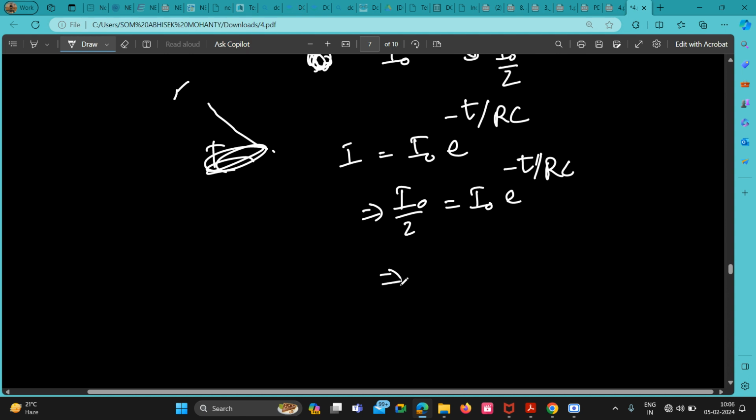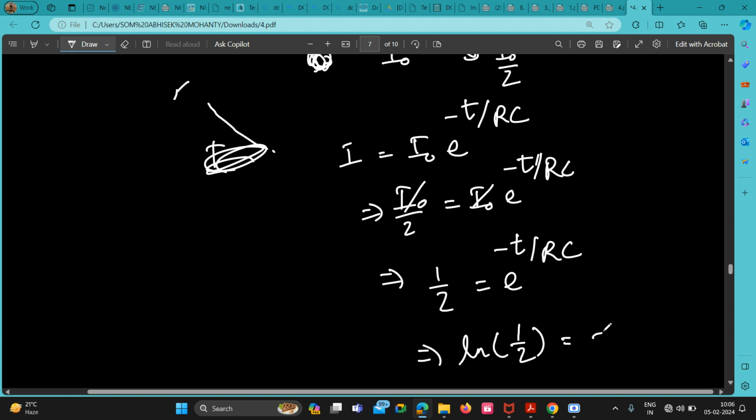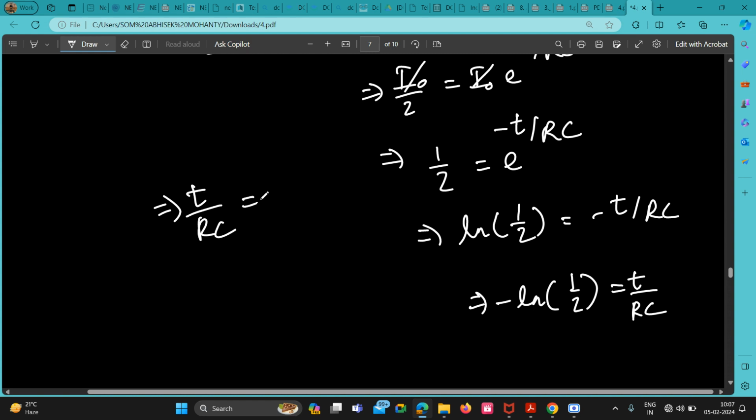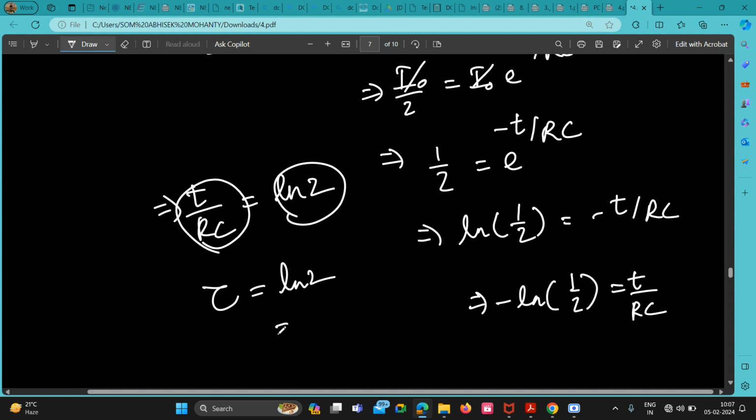Okay, so I naught cancelled. 1 by 2 is equal to e to the power minus T by RC. So taking ln, ln of 1 by 2 is equal to minus T by RC. Minus will come to this side. It becomes minus ln 1 by 2 is equal to T by RC. So T by RC is ln 2, which is in fact the answer because time constant is asked. Tau is equal to ln 2, which is 0.693.